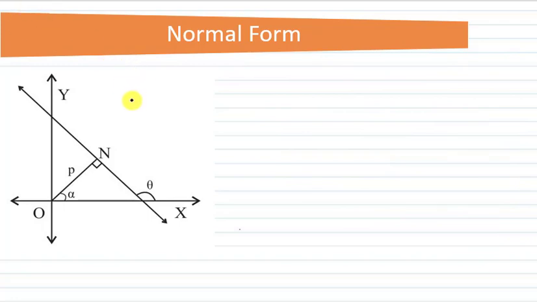Now we are going to derive the standard equation of the line in normal form. That means by using the details about a normal from the origin to the line, right? So let's see. Let's suppose this line L, whose inclination is theta, right?